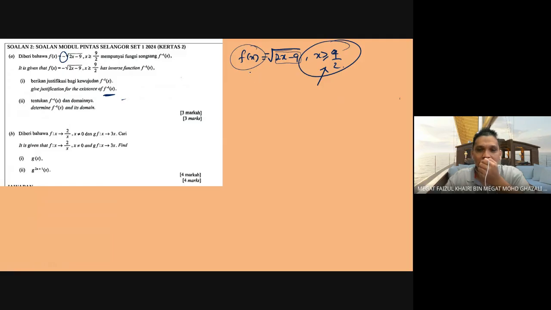Justification means the reason for the existence of F inverse. Fx is a one-to-one function. Then F inverse of x exists.